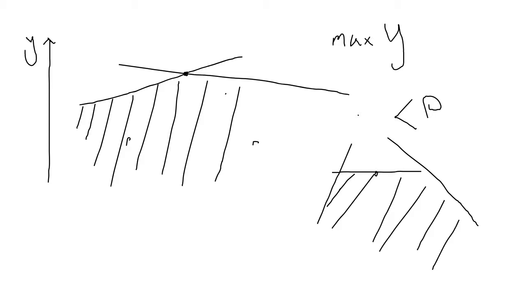So what does it mean here? It means that for at least one of these inequalities, or maybe more, which is usually more, you have the equality, and for the rest it is the inequality.